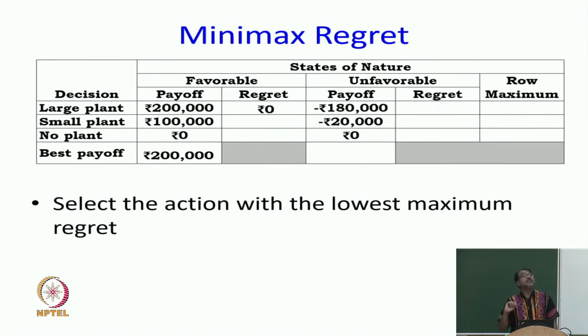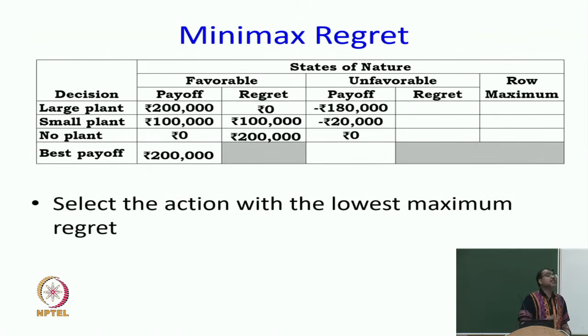On the other hand, if you made the small plant, how much would you regret? You would regret 100k, because you get 100 and you say, oh, I could have got 200 if I did the right thing. So, you will regret for the 100k that you lost. And if you make no plant, how much would you regret? 200k.